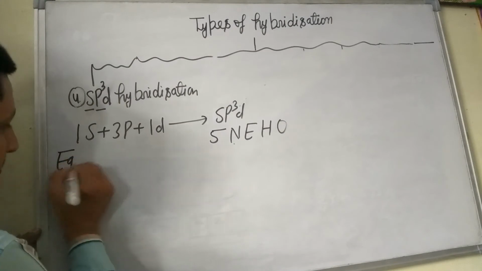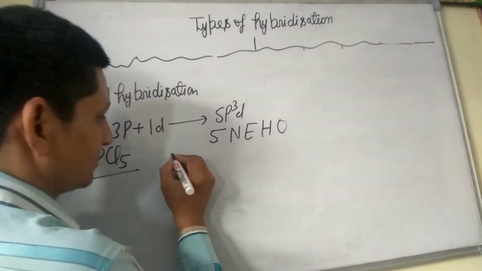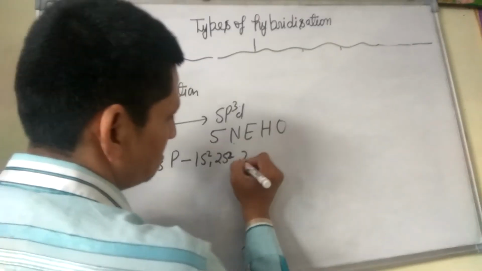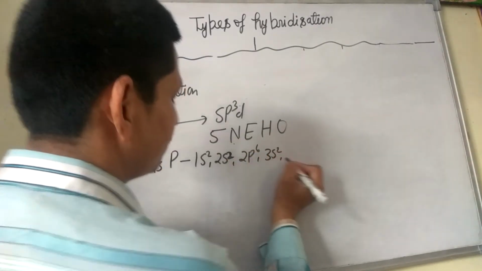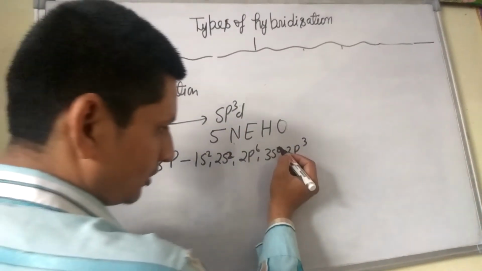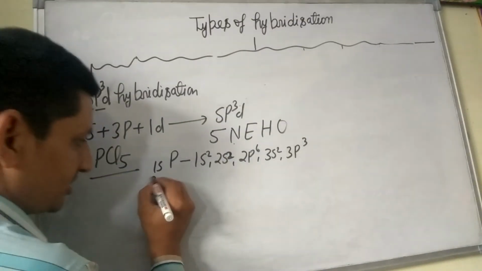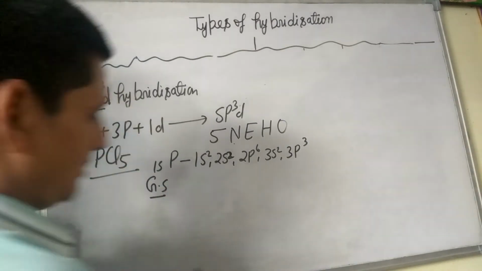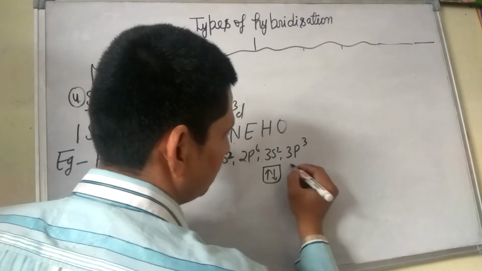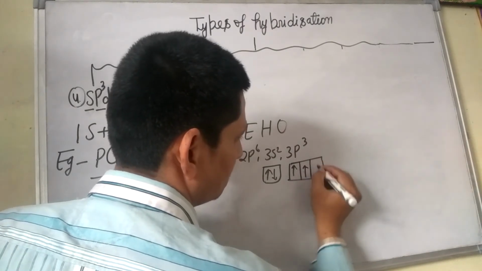For example, PCl5. Atomic number of phosphorus is 15, electronic configuration 1s2, 2s2, 2p6, 3s2, 3p3. In the ground state, we fill electrons in the outermost orbitals: 3s 2 electrons, 3p 3 electrons, and the d orbital is empty.